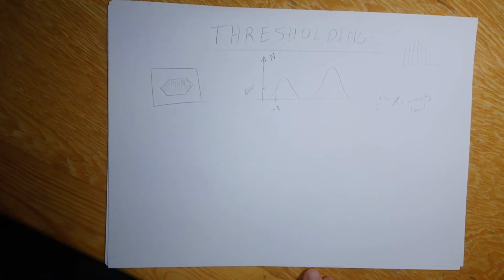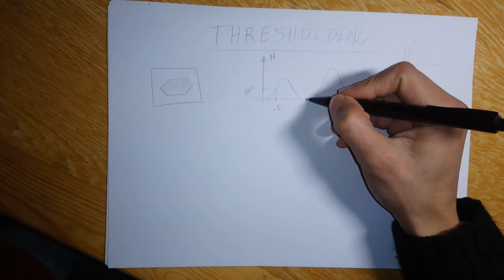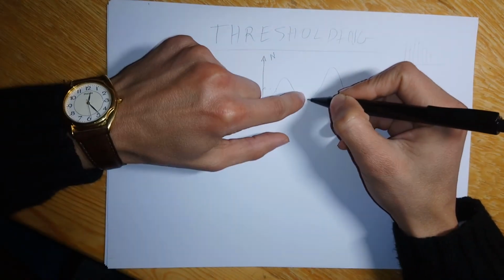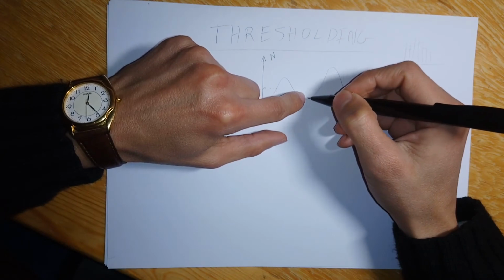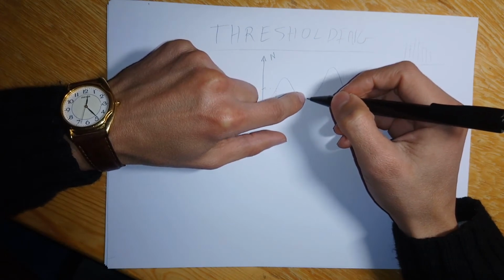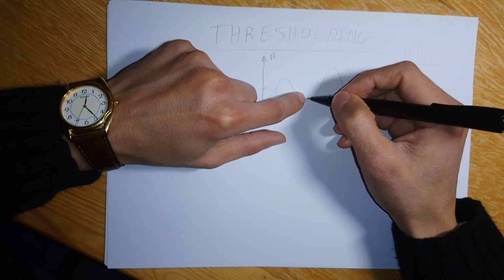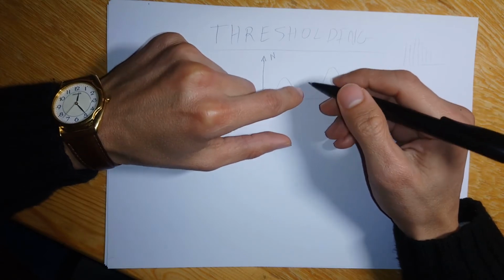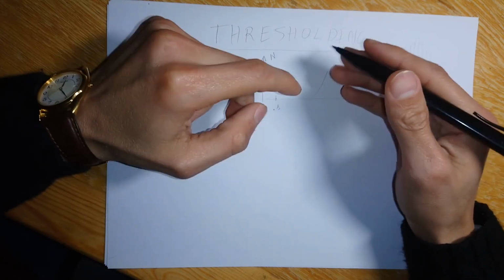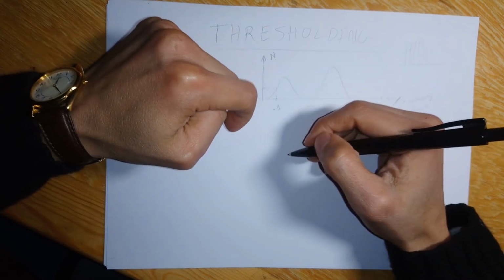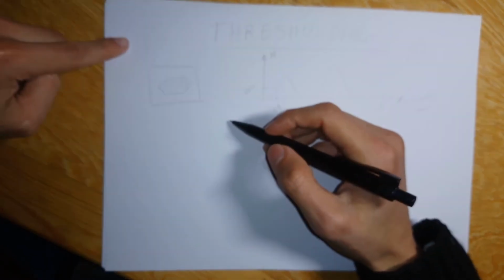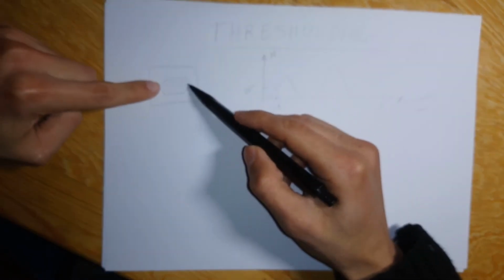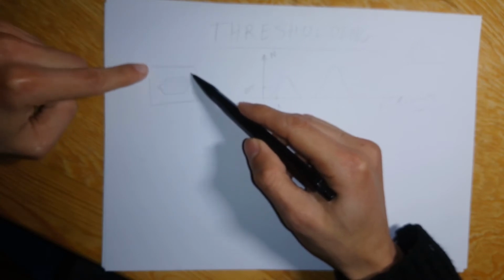Okay. Now there is one interesting thing that we can note here. We have a valley, and the reason why we have a valley is because we have two dominant objects or two dominant classes that are in contrast with each other in terms of intensity level. So the first dominant class is the object, and the second dominant class is the background.